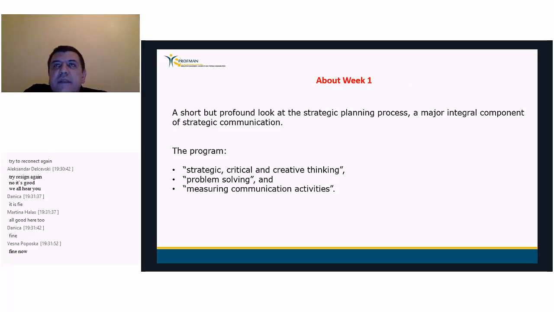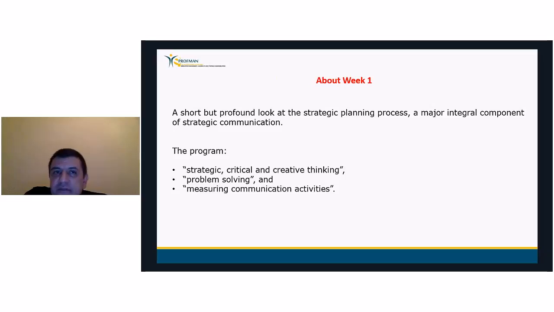All the reading and visual materials are on the LMS, as you can see. The program is composed of strategic, critical, and creative thinking, problem solving, and measuring communication activities. The focal point of week one is the strategy issue, especially when it comes to communication.